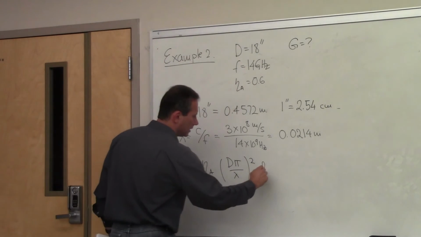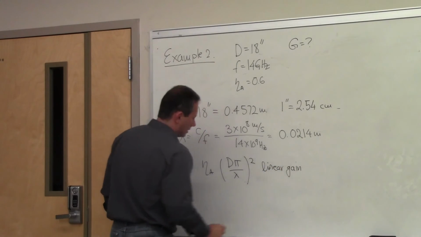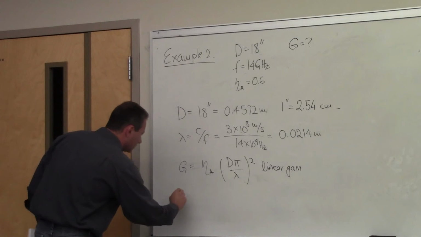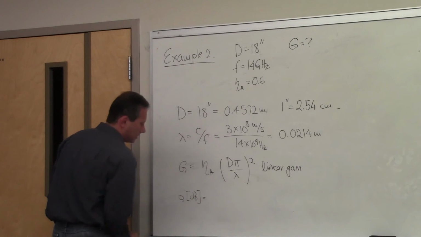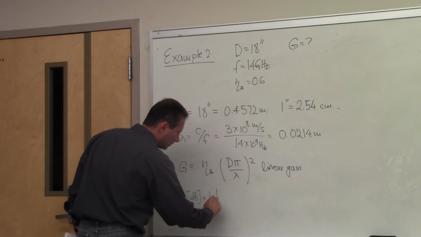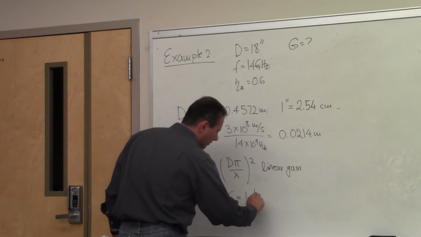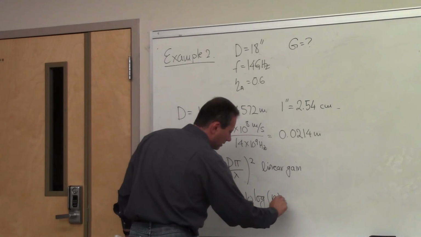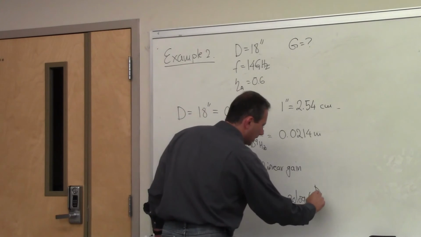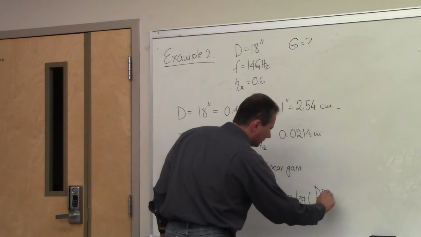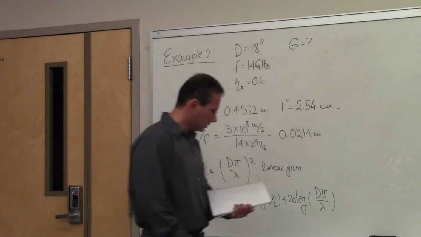So this is a linear gain. Now, as you know, we typically express antenna gain in dB, which is 10 log of your linear gain, which is 10 log of your efficiency, plus 20 log of d pi over lambda. So in this case, we have everything we need. It's just a plug in into the equation.